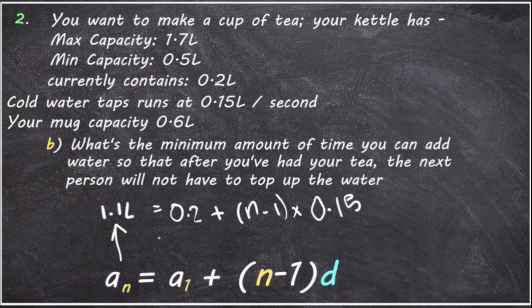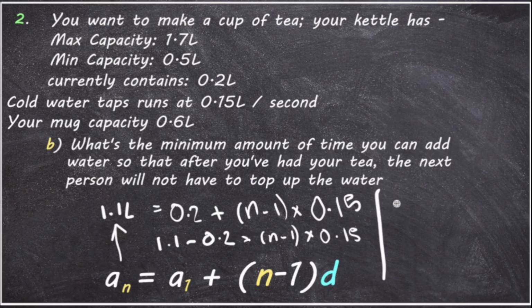We can subtract 0.2 from both sides, so that's 1.1 minus 0.2, and that gives us n minus 1 multiplied by 0.15 on the right hand side. The sum on the left hand side is easy to do, that's 1.1 minus 0.2, which is 0.9. And then on the right hand side we have n minus 1 times 0.15 again.